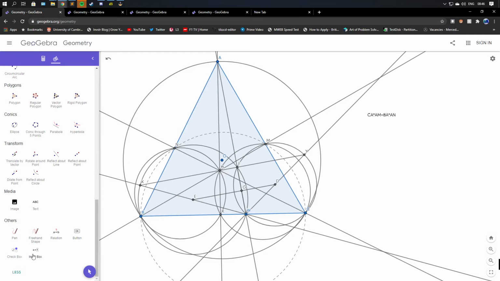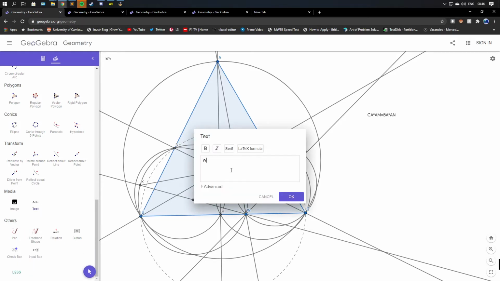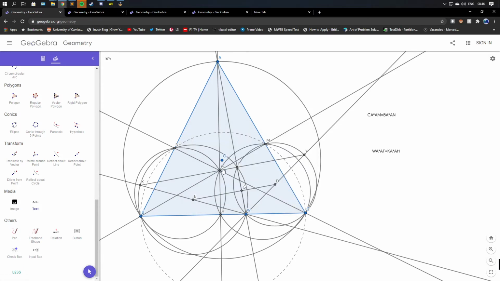Let me write that down for you guys. So WA times AF is equal to KA times AH. And therefore, we have that HFWK is a cyclic quad by the corollary of power of a point.